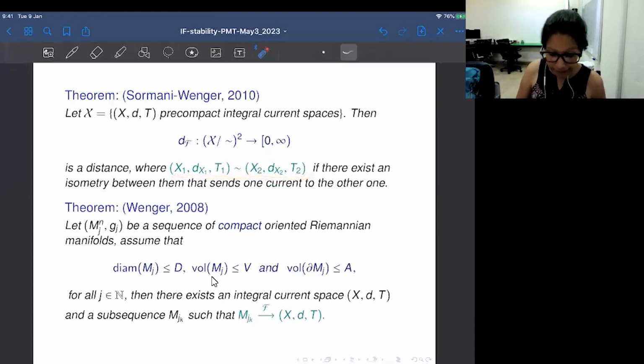So in this case, we say that two integral current spaces will be equivalent if there is an isometry between X1 and X2 that takes the current T1 into T2. Okay, so that's our theorem saying that this is indeed a distance.